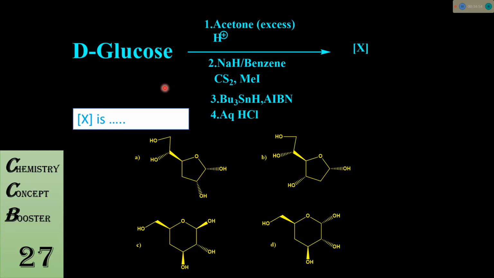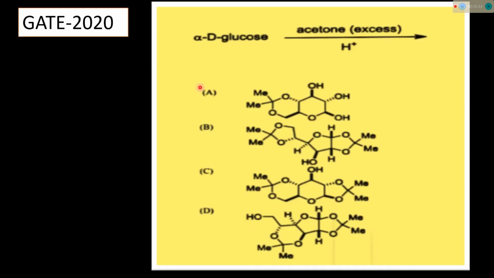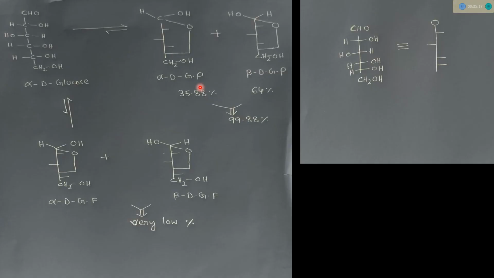So the use of the 2, 3 and 4 reagents is very simple, we all know, but this reaction, on how glucose reacts with acetone in the presence of acetone, was the main concept of this question. We saw how D-glucose reacts with acetone. Out of the 4 forms, less than 1% is present in the equilibrium condition, still this alpha D glucopyranose form will react with acetone to form a bis ketal.